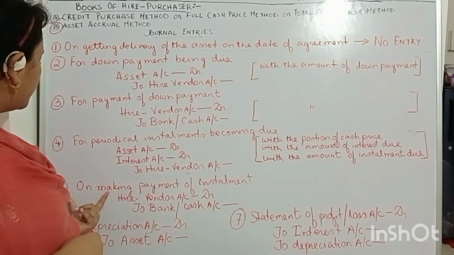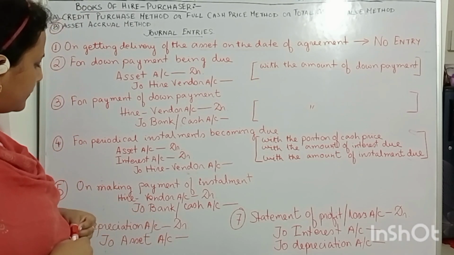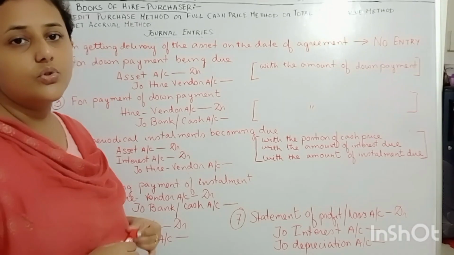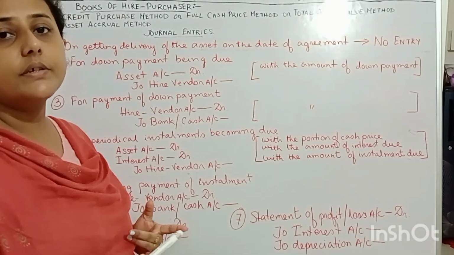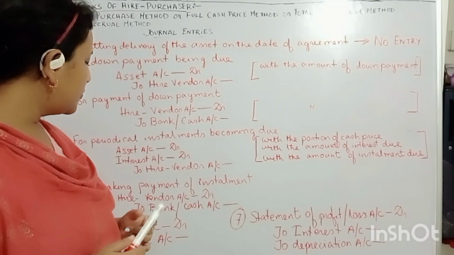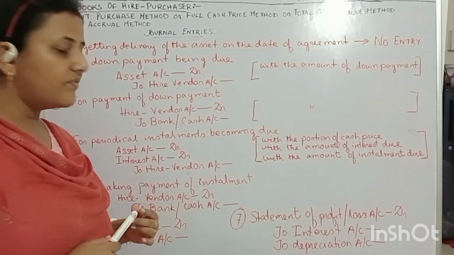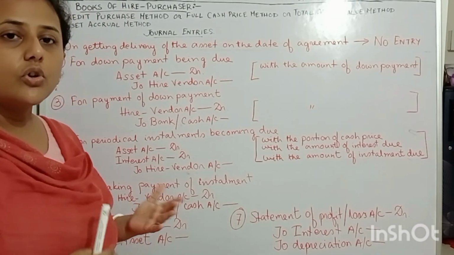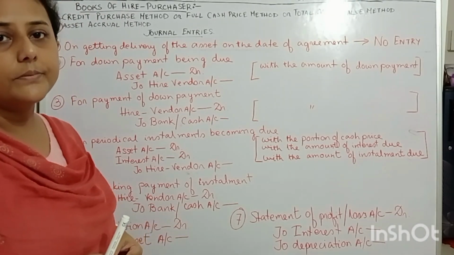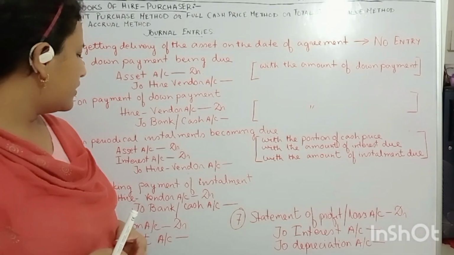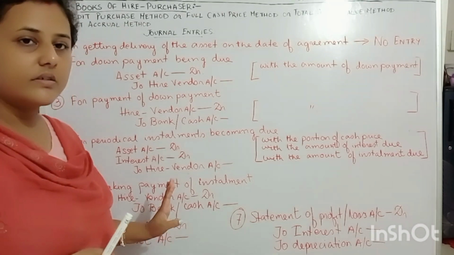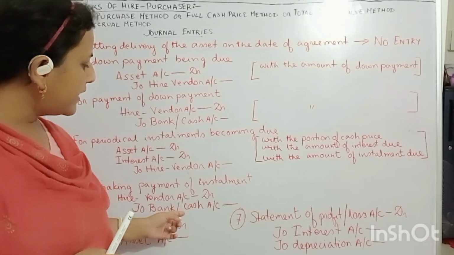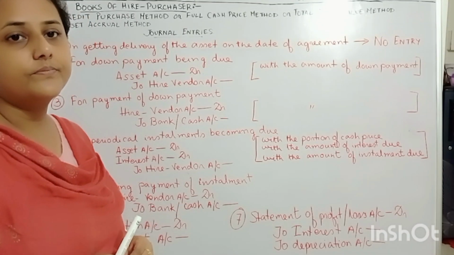Then you see point number 5, on making payment of installment. When the installments are paid, hire vendor account is debited to bank or cash account. The installments are paid yearly. Here hire vendor is a liability, bank/cash is an asset.